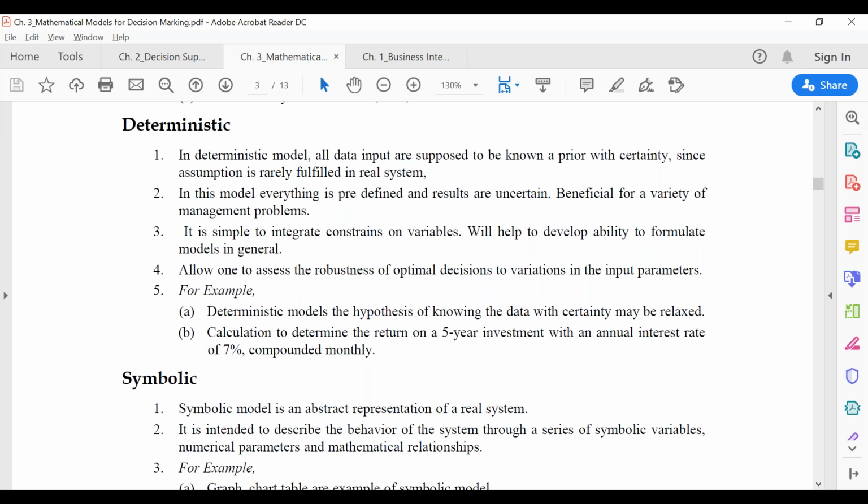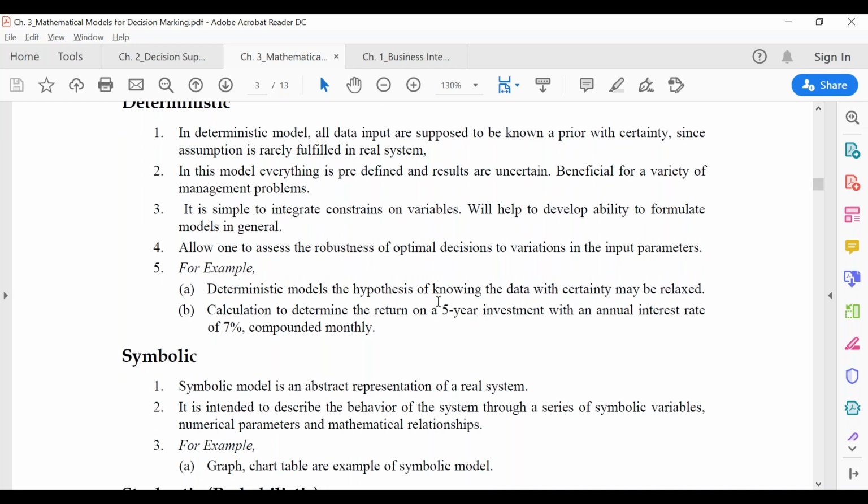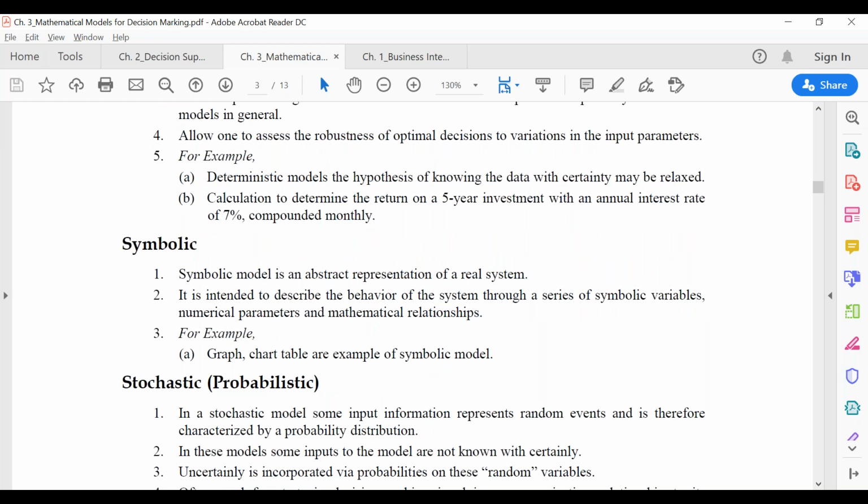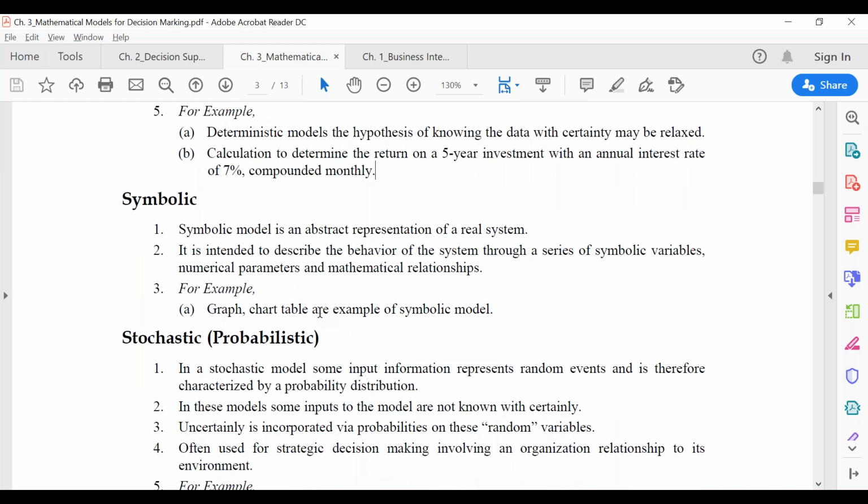Example, a deterministic model where the hypothesis of knowing the data with certainty may be relaxed: a calculation to determine the return of a 5-year investment with an annual interest rate of 7%. This is purely a statement which relates to accountancy. Going further, these are the deterministic models which rely on a prior set of data.